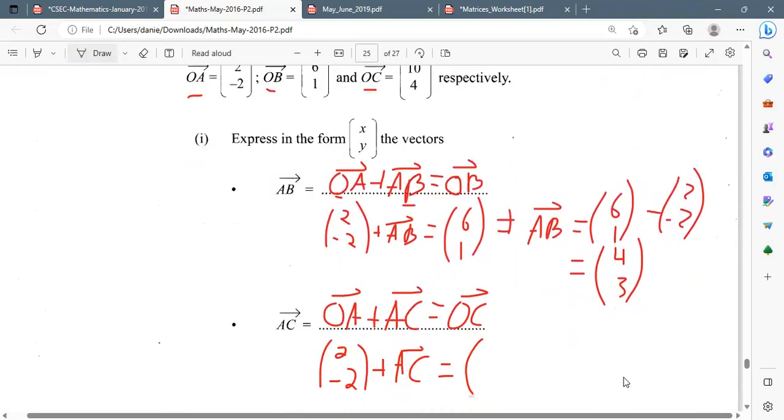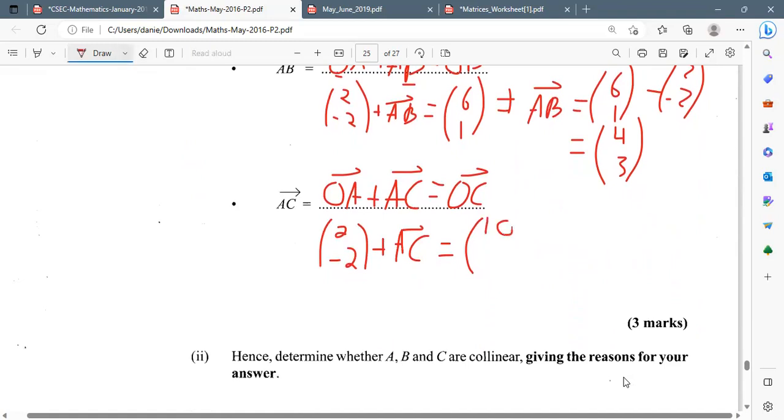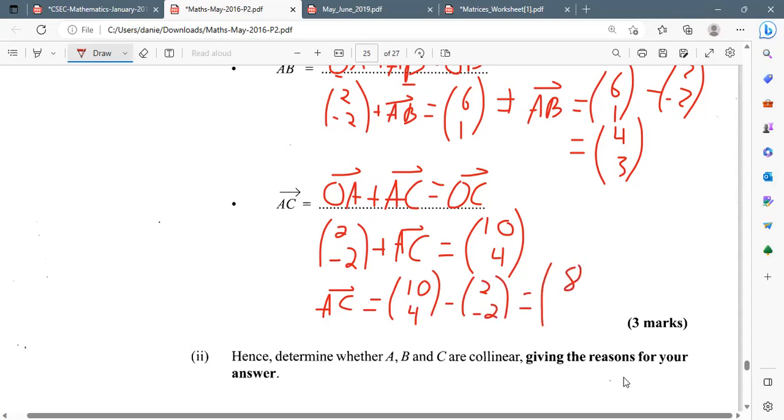Where's OC? (10, 4). Now we just rearrange. So we have (10, 4) subtract (2, negative 2). So 10 subtract 2 is 8. 4 minus negative 2 is 4 plus 2, which is 6.